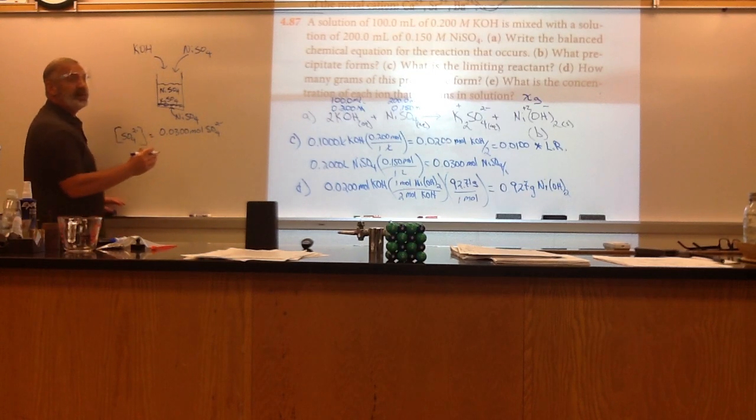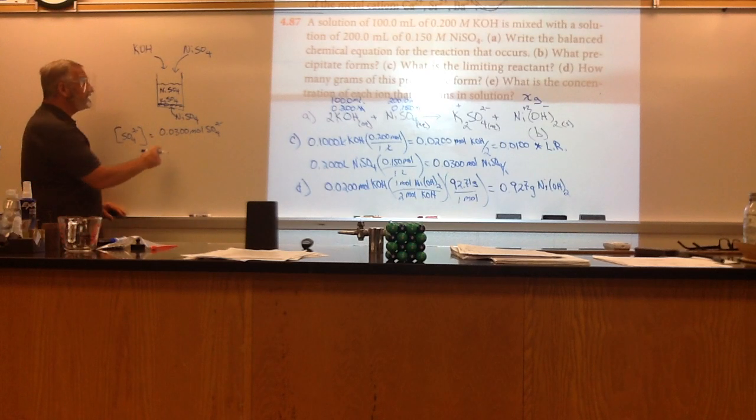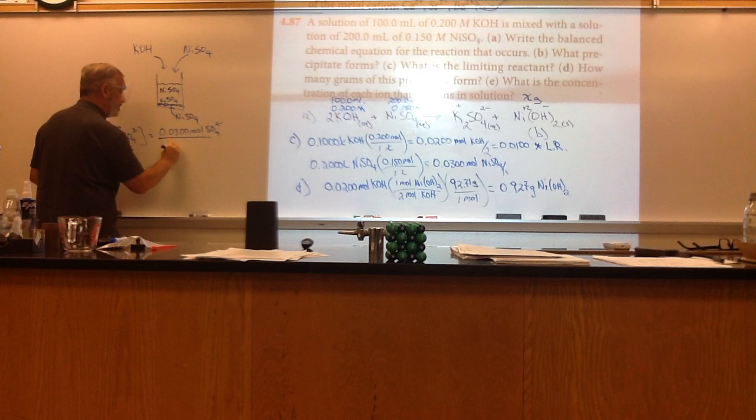But I need molarity, so how do I get molarity? Moles divided by liter. So what's the volume now of this mixture? 300. Because we put 100 and 200 together, so we've diluted, so the total volume now of these ions is 0.3 liters.